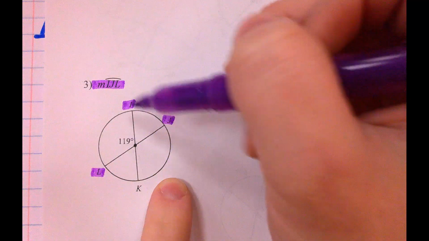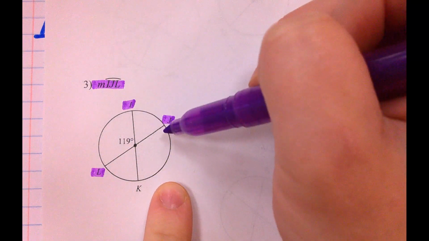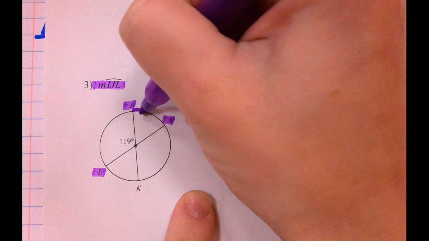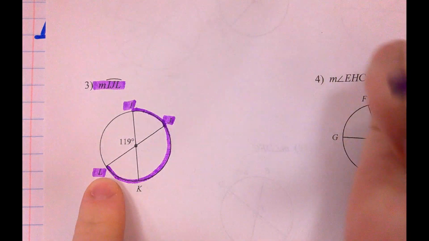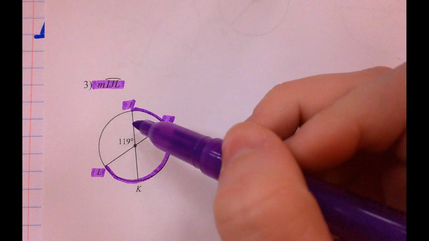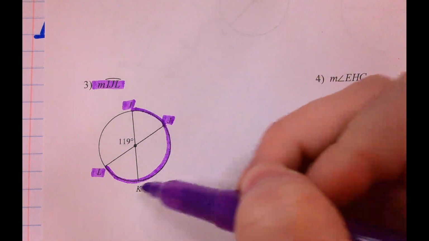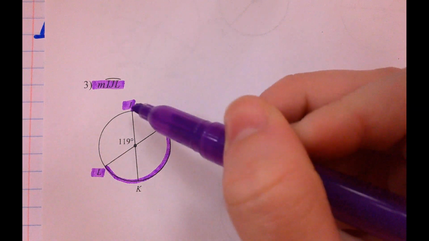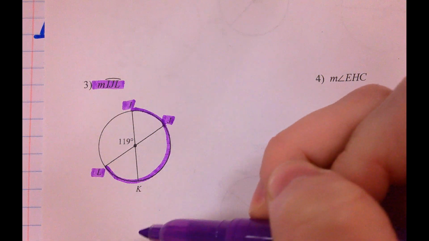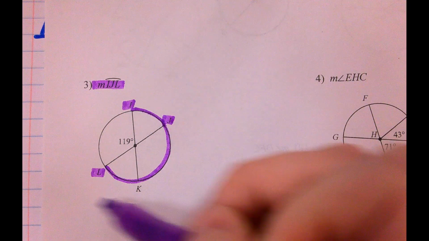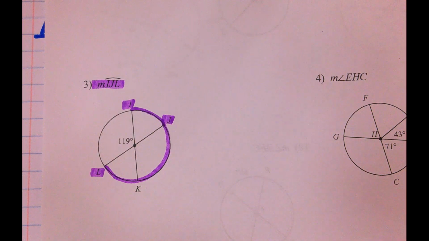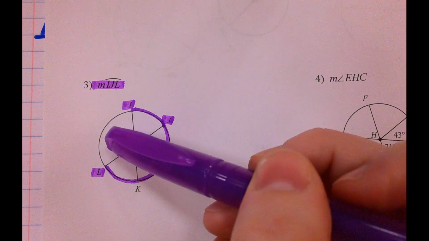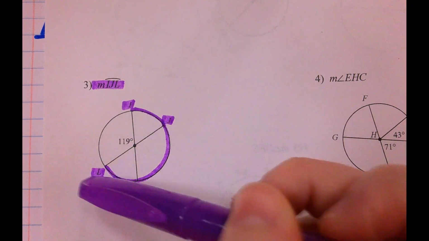This means we're going to go from I to J all the way over to L. I, J, we're going to go all the way through K to L. So this wants to know, what is the measure of this arc? I know a full circle is 360 degrees. I know 119 degrees of the circle. I want to know the rest.